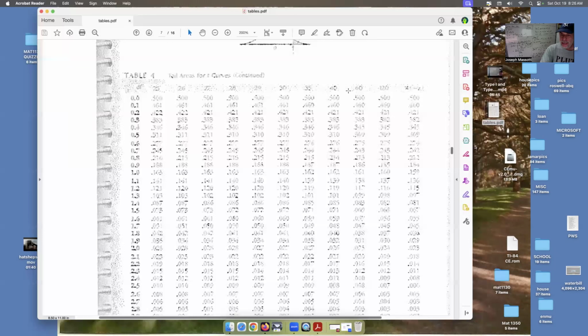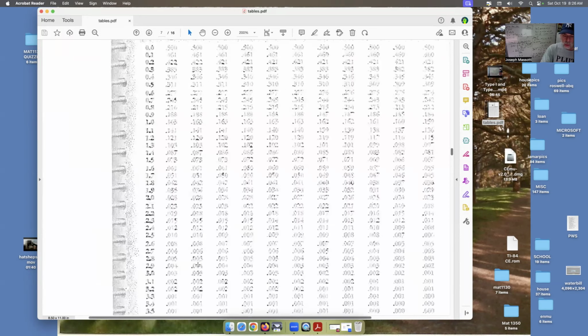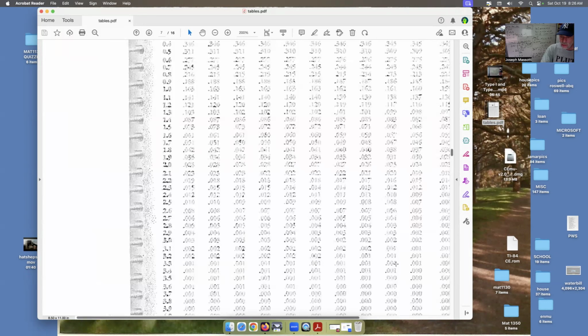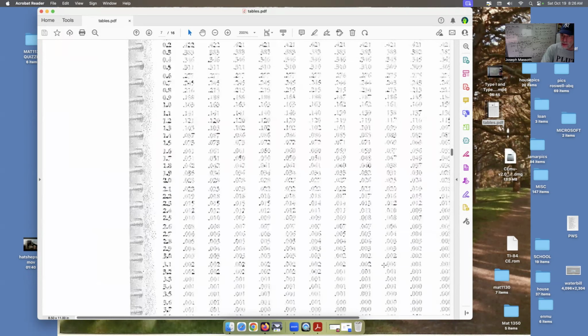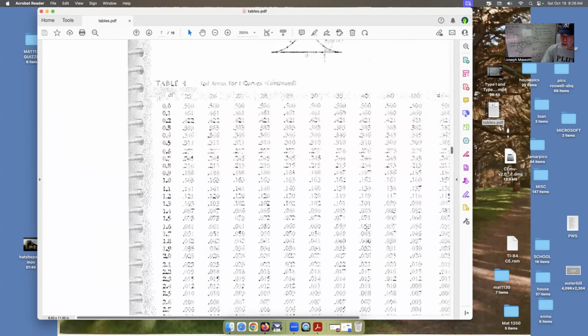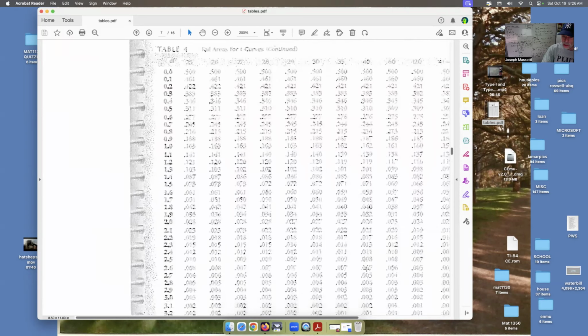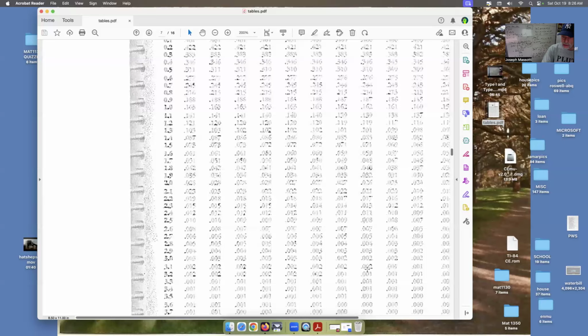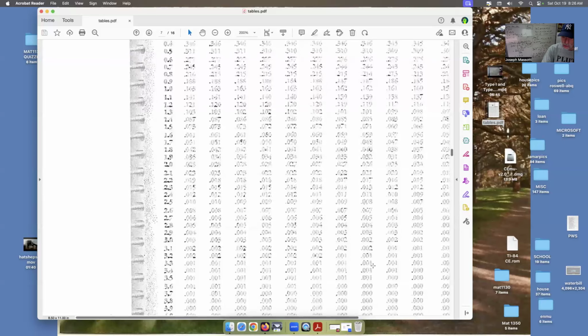Remember, we have 48 degrees of freedom, so our choices are between the 40 column and the 60 column. So we use the lesser column of 40, and we go down to 3.3, and we can see all the numbers in that row are 0.001. So that's going to be our probability of 0.001 under the 40 column. We come down to 3.3 and we see 0.001.